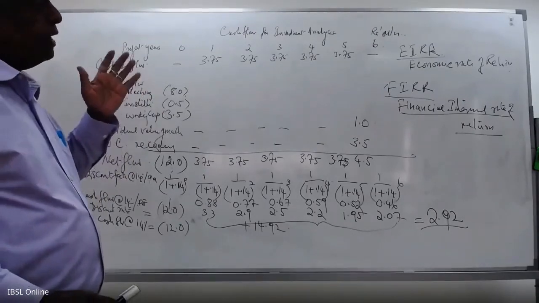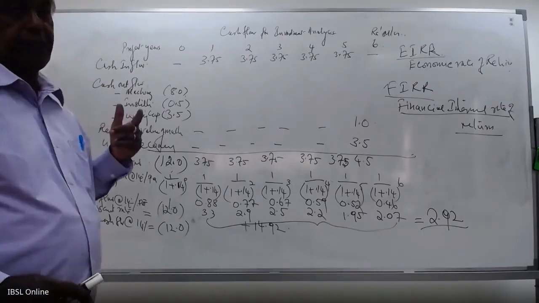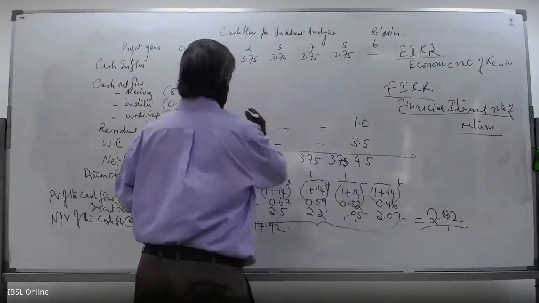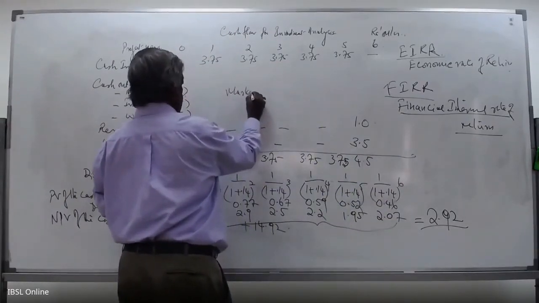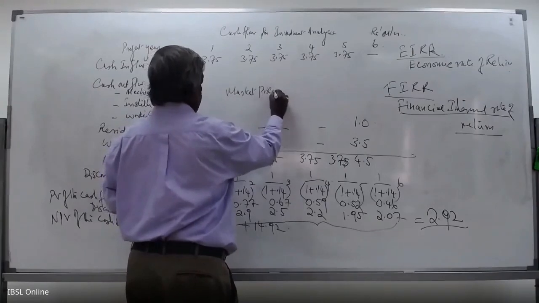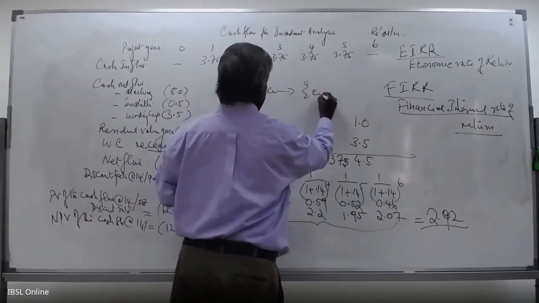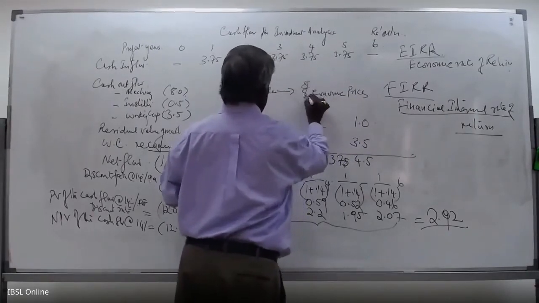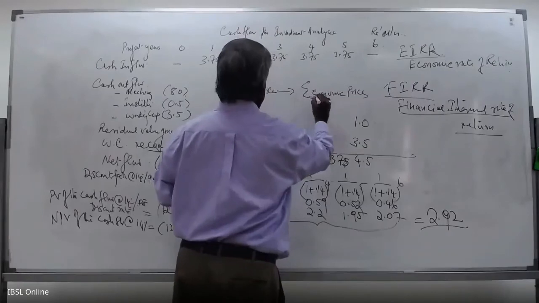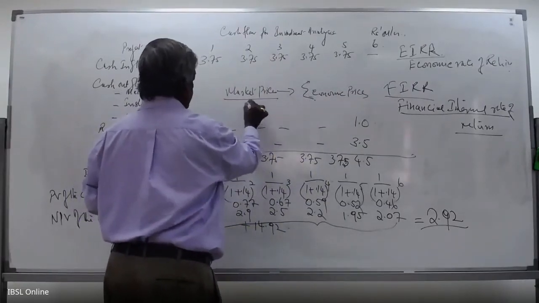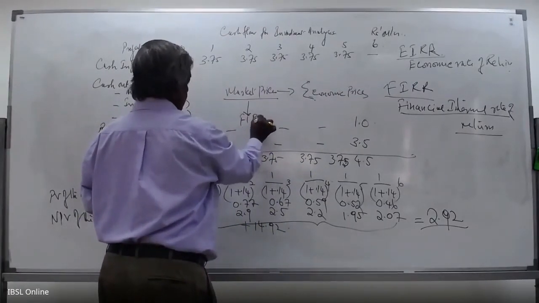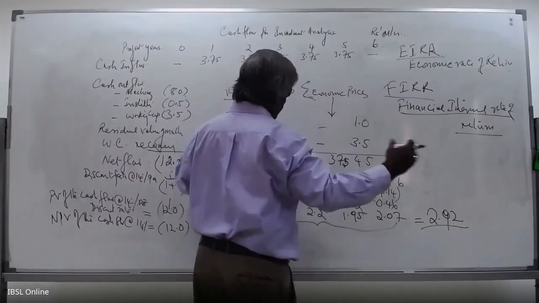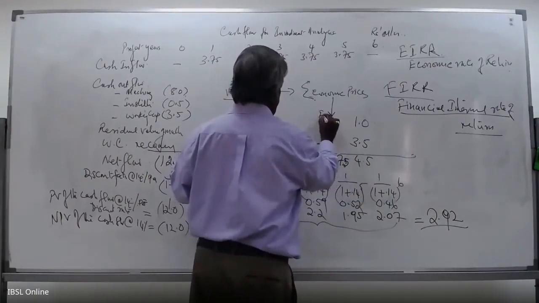So first you do the FIRR, calculate FIRR, and then convert the market prices to economic prices. First you do market prices, there you calculate the FIRR, then convert the market prices to economic prices and do the same way, calculate the EIRR.